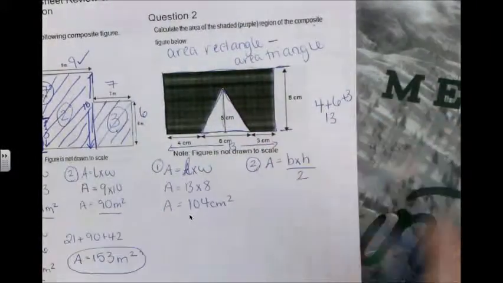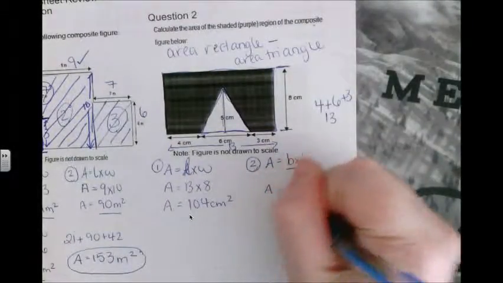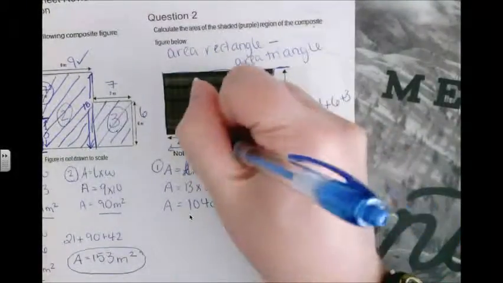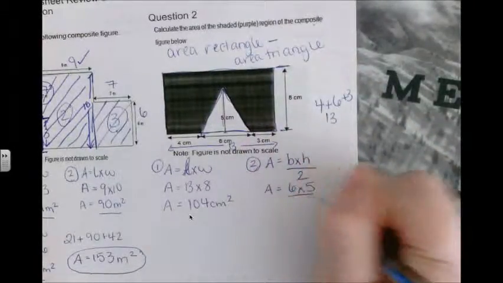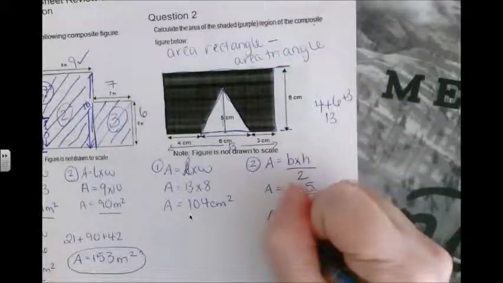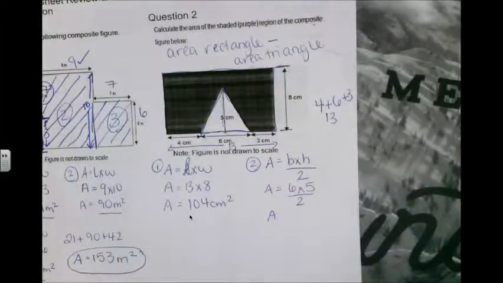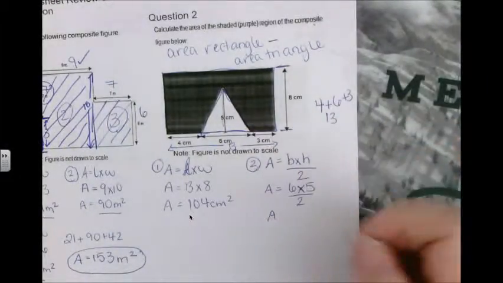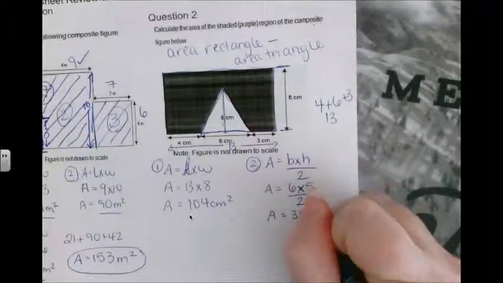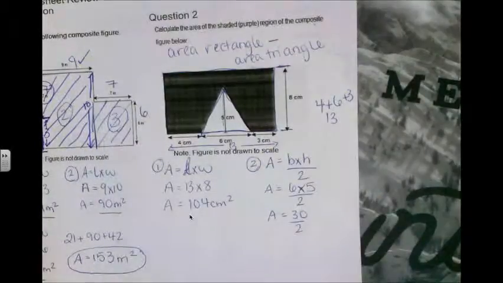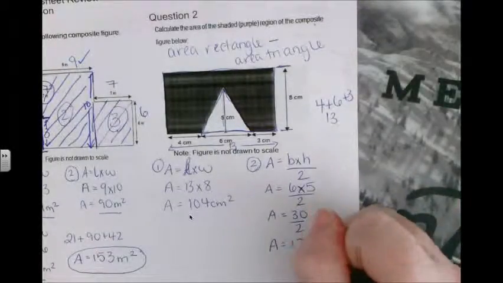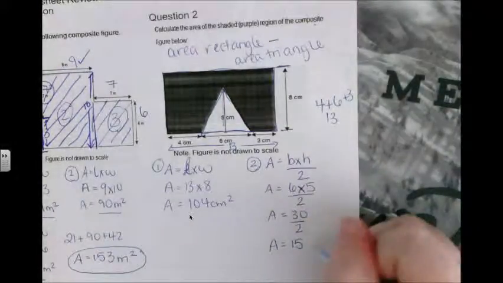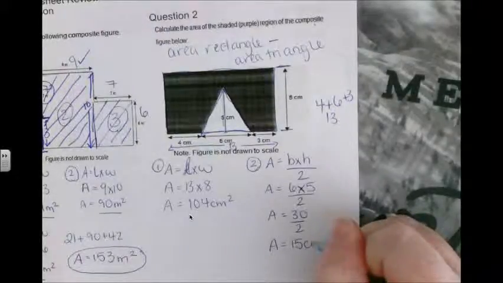So here I'm going to do 6 times 5, and at the end, divided by 2. You can use your calculator, but you should be able to do 6 times 5 in your head, which is 30, divided by 2. And 30 divided by 2 is 15. So the triangle is 15 centimeters squared.